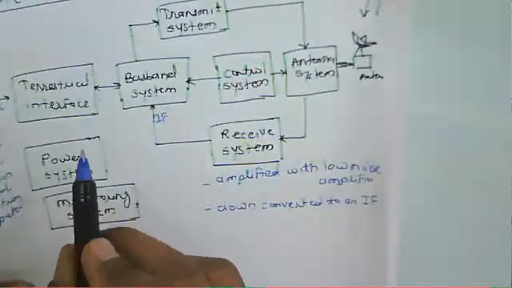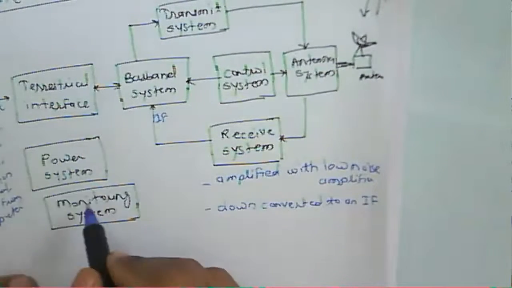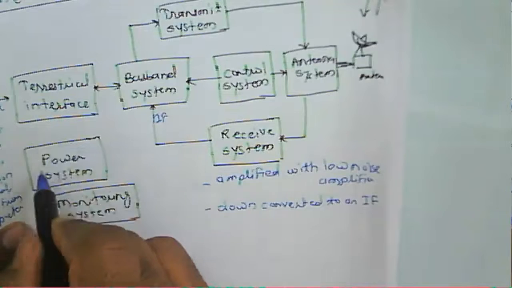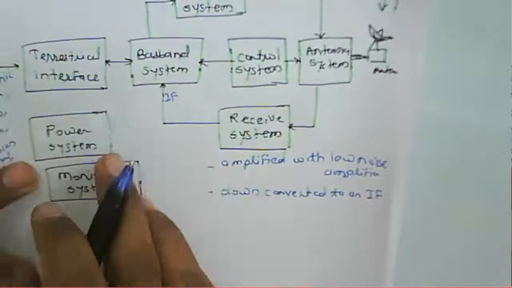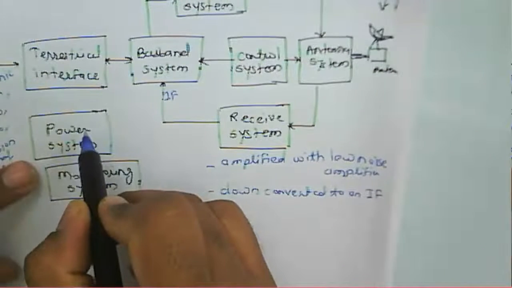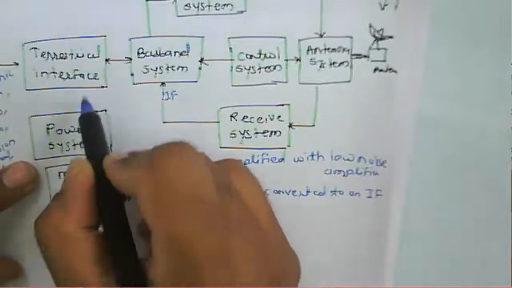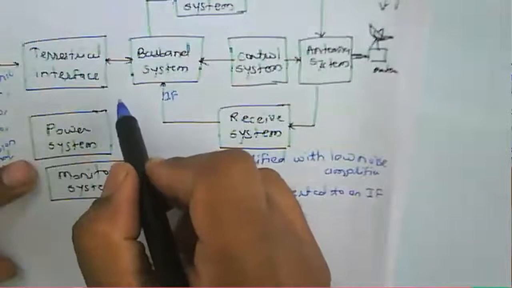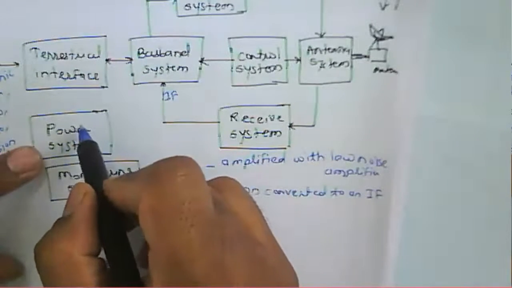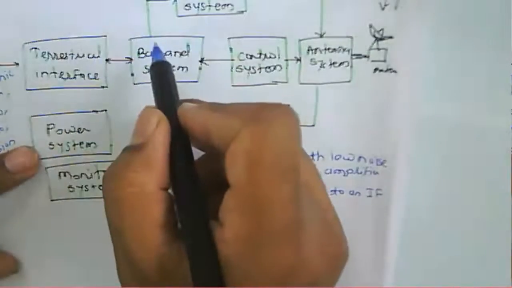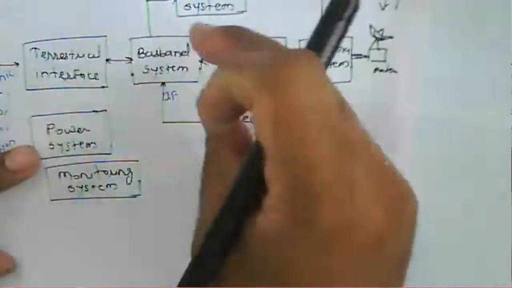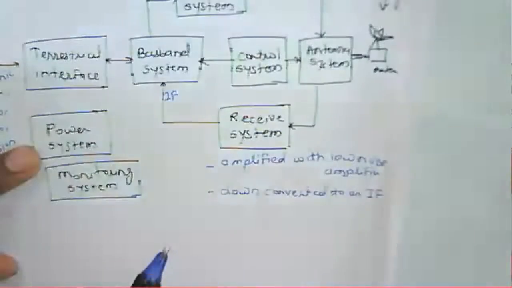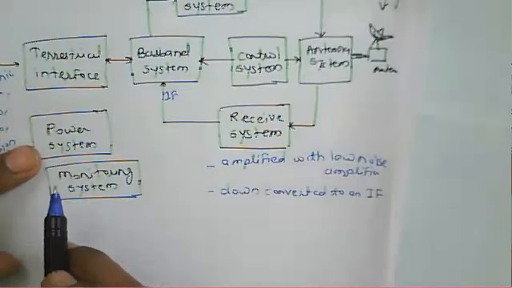Along with the basic earth station components, the earth station also has a power system, and that power system will provide power to all the system components. That power to all the system components will be an uninterrupted power supply.